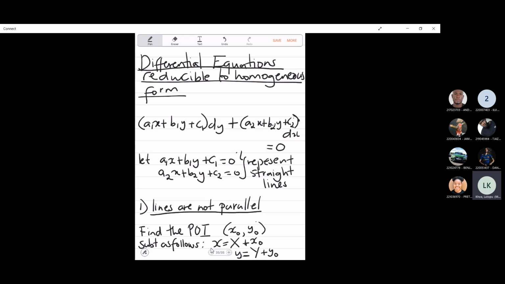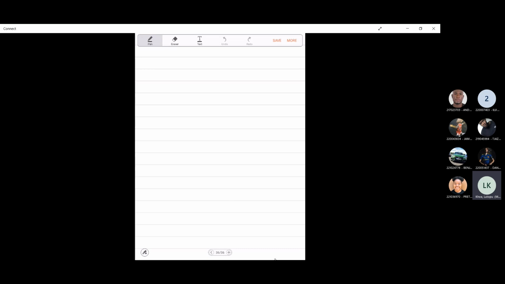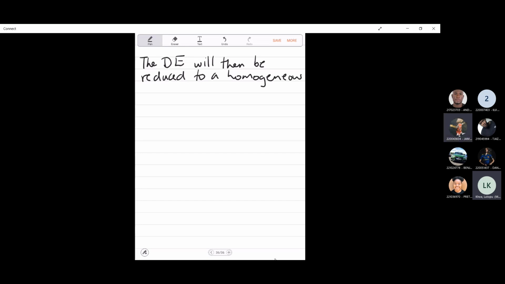Then what you will notice is after you make this substitution, the differential equation will then be reduced to a homogeneous equation, and we know how to solve the homogeneous equation. So when we have the homogeneous equation, that is when we make the substitution v is equal to y over x.